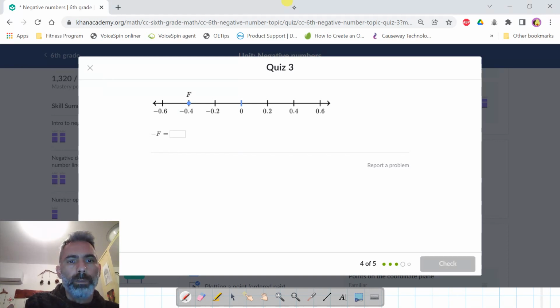If f equals negative 0.4, then the opposite of f is 0.4. Because f is negative, the opposite of f is positive on the other side of the 0. So the opposite of negative 0.4 is positive 0.4.